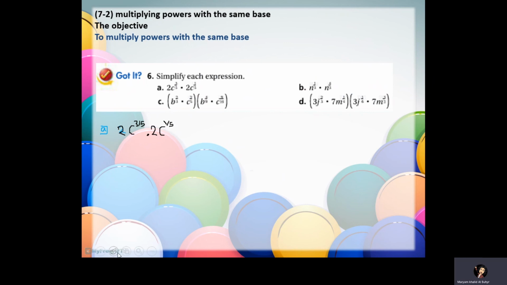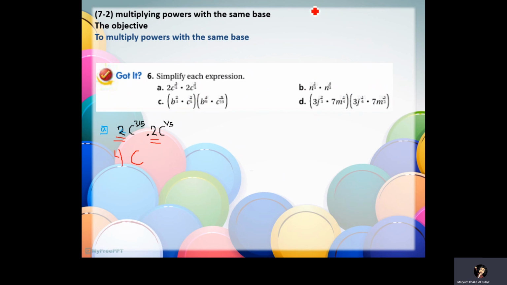Now, step 1. If I have numbers, I will multiply them together. So 2 times 2 is 4. The next step, which is writing these beside each other, is not needed, because this one is so easy. I can just do it in my mind.